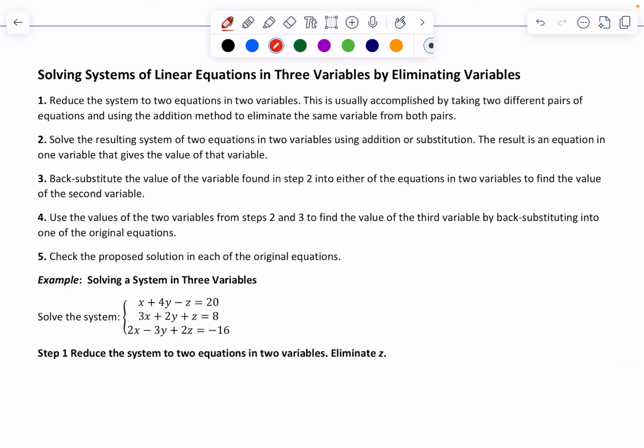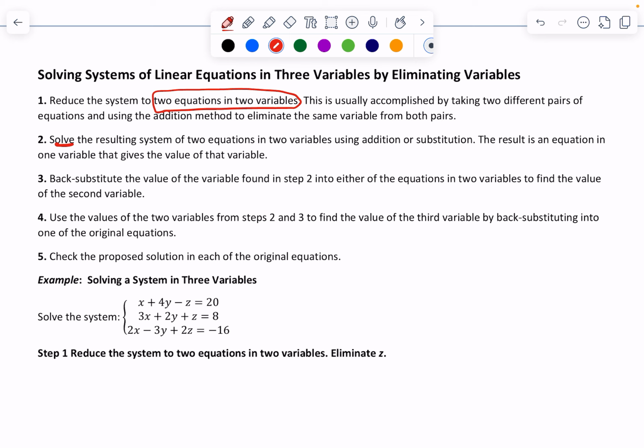Okay, solving systems of linear equations in three variables by eliminating variables. So first we're going to reduce the system to two equations in two variables. And this is usually accomplished by taking two different pairs of equations and using the addition method to eliminate the same variable from both pairs. Step number 2 is solve the resulting system of two equations in two variables using addition or substitution, so what we learned in 5.1.